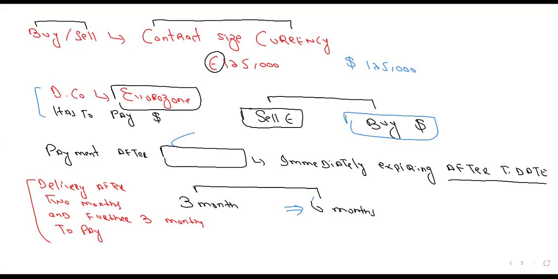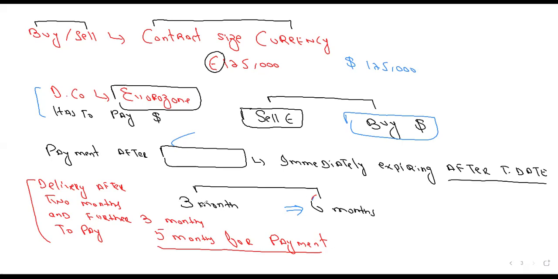So it means that effectively there are 5 months for payment. So if there are 5 months for payment, guys, definitely the immediately expiring one is the 6 months.